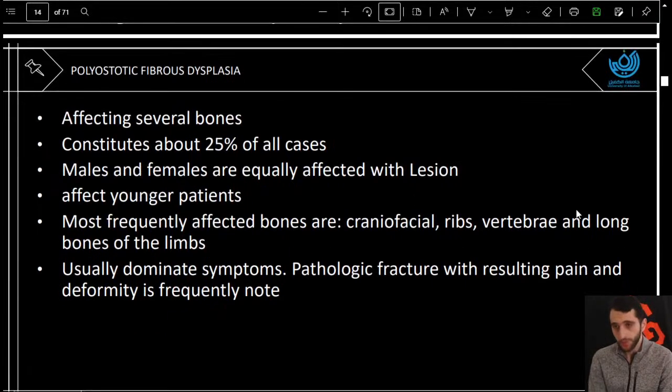But polyostotic fibrous dysplasia affecting is the same as monostotic when it comes to females and males. Only the age is different. It affects multiple bones like ribs, cranium, face, vertebrae, long bones and limbs.